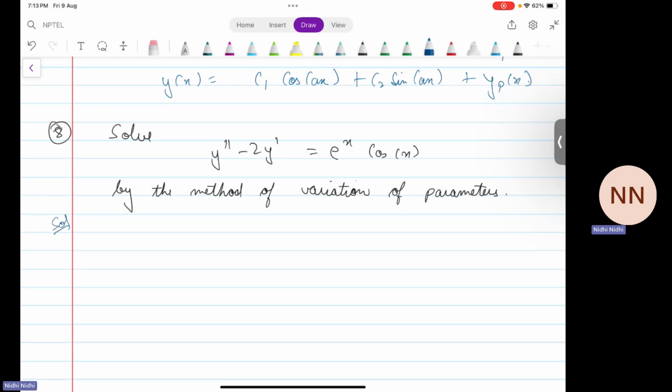Solution. Again, we'll start with finding the complementary function. For that, we need the auxiliary equation. Our auxiliary equation is r square minus 2r is equal to 0. So this is r times r minus 2 is equal to 0, r is equal to 0 and 2. We have two distinct real roots.